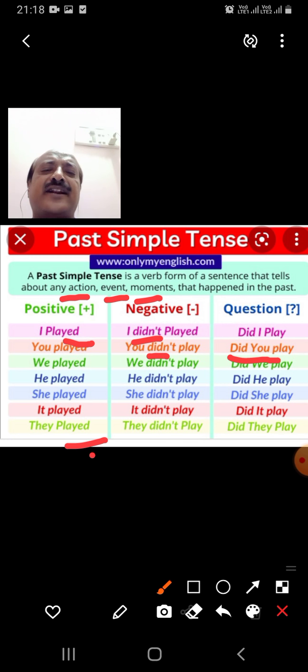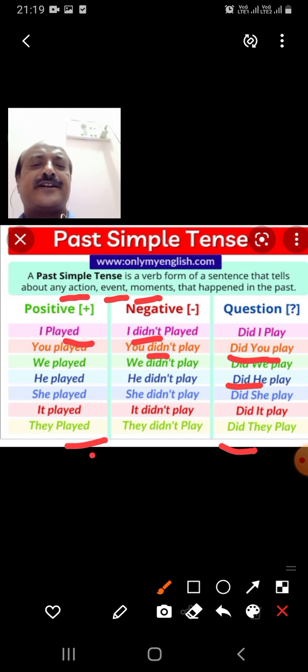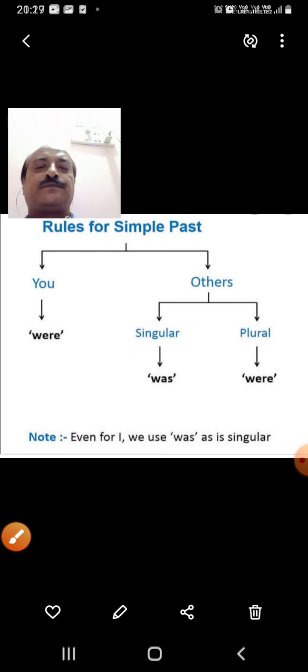Negative, we just add did not or didn't in short. And we could ask the question, did they, did it, did she, did he play? So this is how we change from positive to negative, and we ask the question, did I play? I played, and negative I didn't play or I did not play.